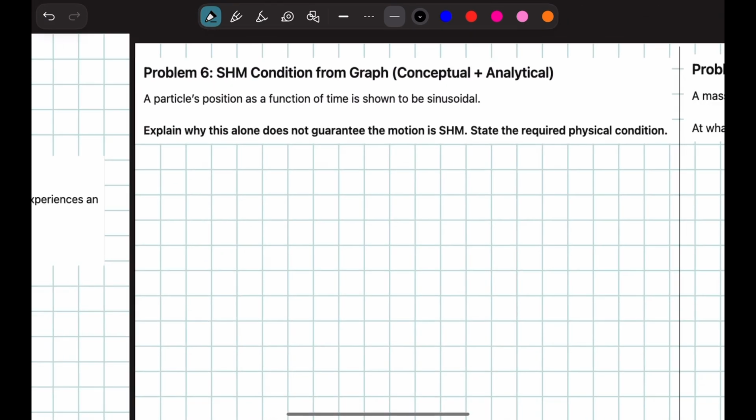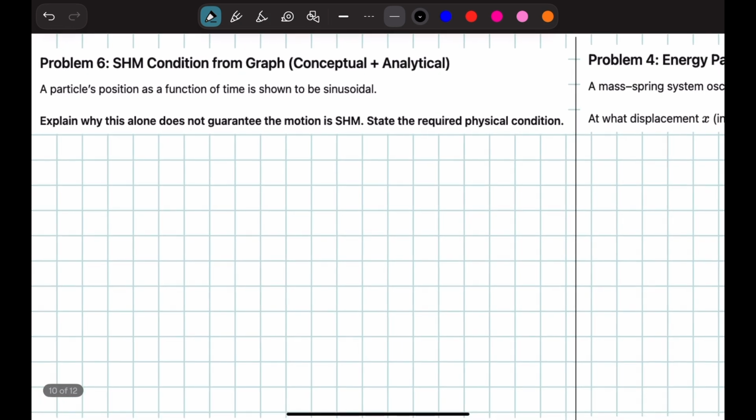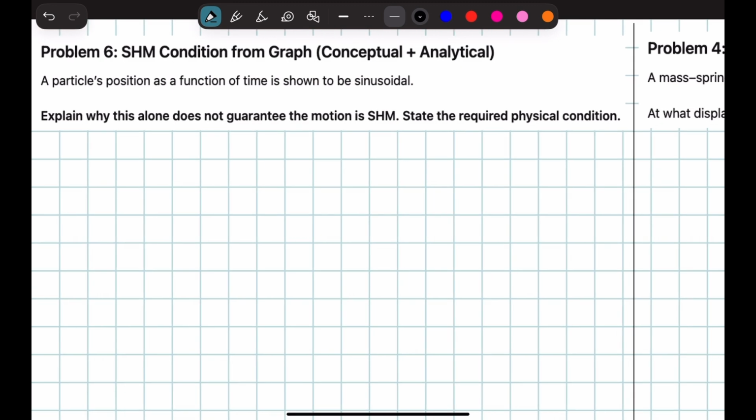A particle's position as a function of time is shown to be sinusoidal. Explain why this alone doesn't guarantee that the motion is simple harmonic motion. State the required condition. Well, we know that a sinusoidal position-time graph doesn't ensure simple harmonic motion.